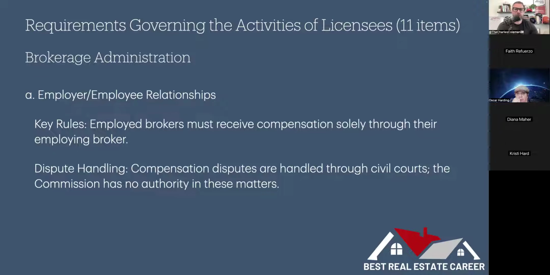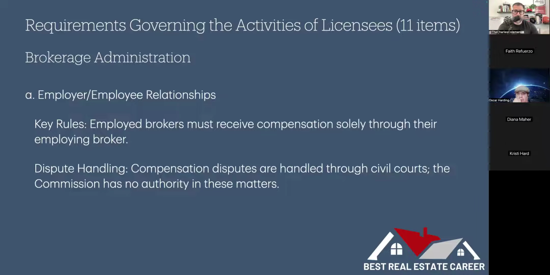Now, the only time this is different is, let's say you leave a brokerage, right? Let's say you were doing a deal, you're about to close on 123 Main Street, and yet you're going to change brokerages. You go from brokerage A over to brokerage B. It's perfectly legal for brokerage A to pay you directly.